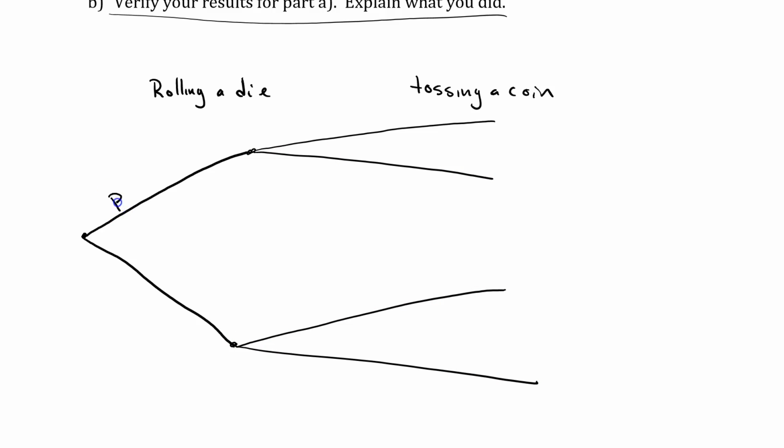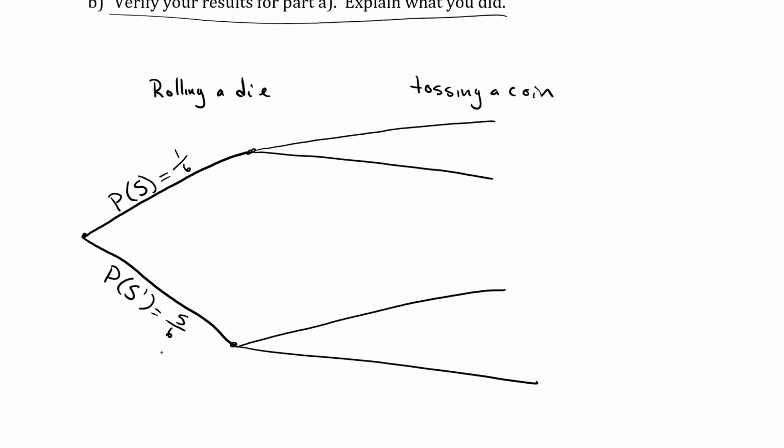The probability of rolling a 6 is 1 out of 6. And the probability of not rolling a 6, or the probability of the complement, is 5 out of 6. If you add 1/6 plus 5/6, that's 6/6.